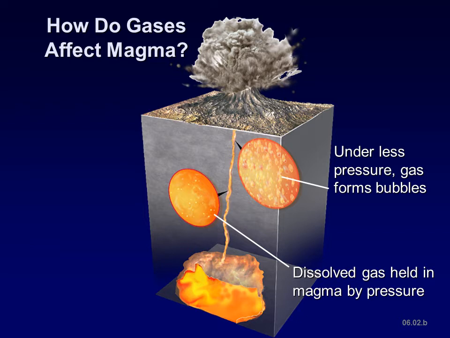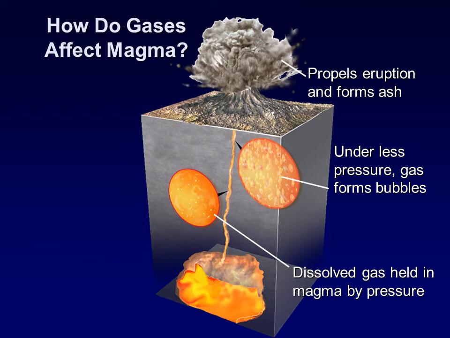Under less pressure, gas bubbles start to form. As that magma works its way up toward the surface, where it's under less and less pressure, we get gas bubbles forming.